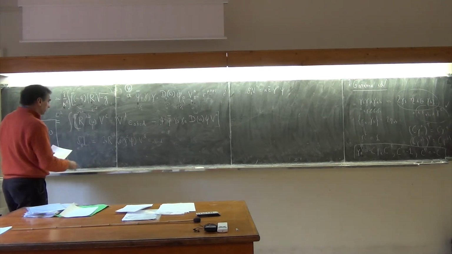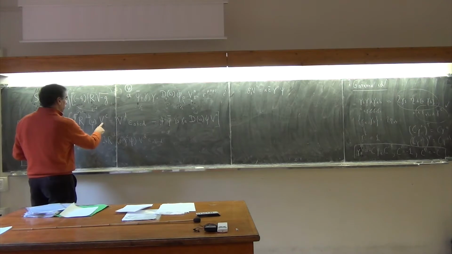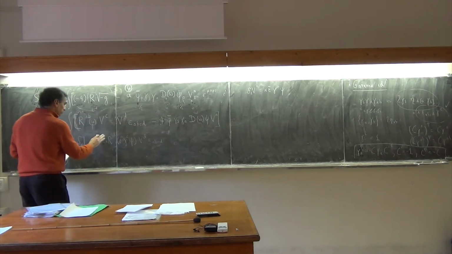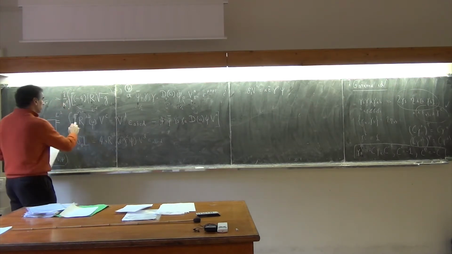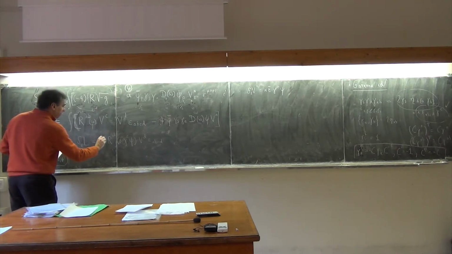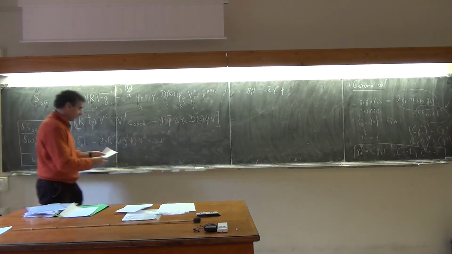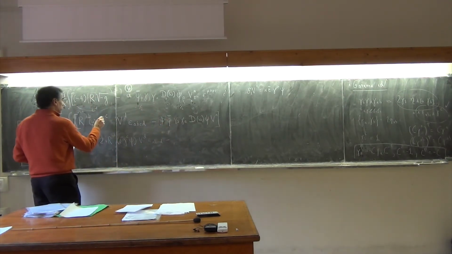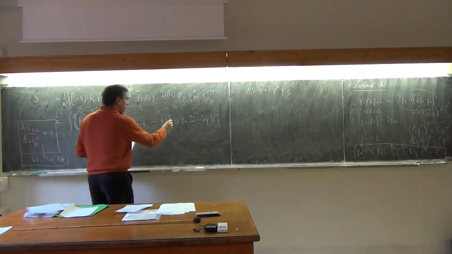Maybe with a factor 4, because this, and then I have this. So here there should be a 4. Ah no, because here there is nothing, so it is a 2. 2 is okay. Minus. Then we have to vary, so we have varied this and this. Now we have to vary this.